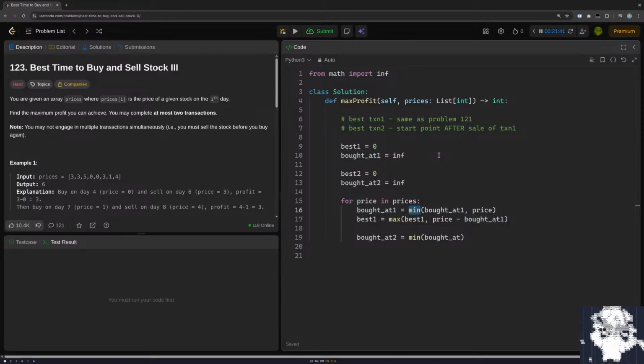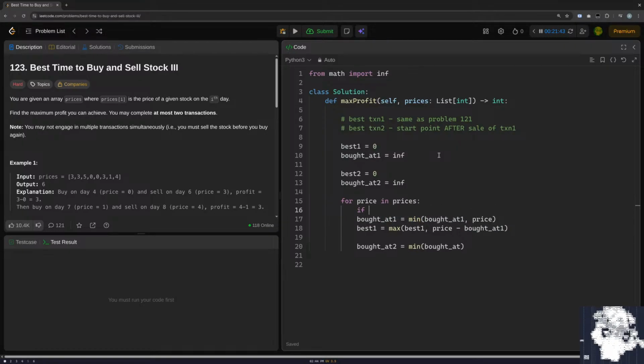I have to go back to having ifs, because if it's better, then I also want to clear out bought at 2 and say, like, never mind.